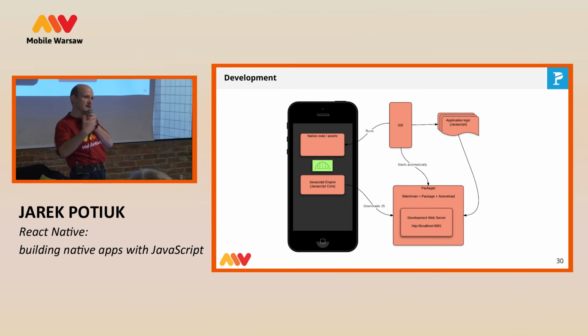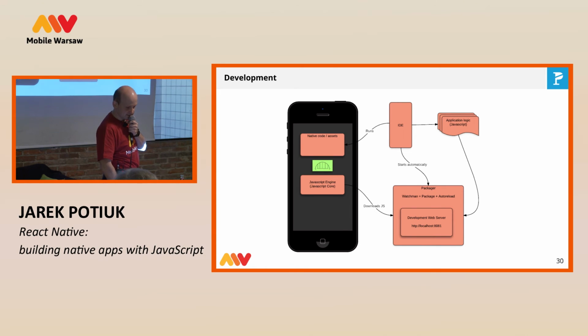So the application connects to the web server running on your machine and reads the code from there. That's why you can do live reloads. Yeah? You can save it, there is a watchman watching it, which then informs the JavaScript engine that it should reload the code, and it reloads it. So that's how development works here.